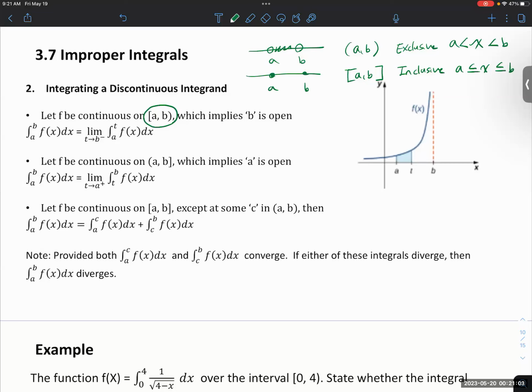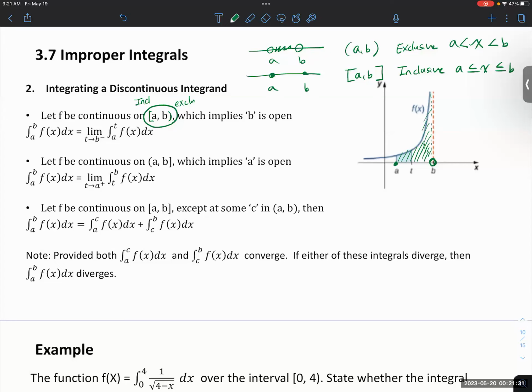We do include A, but we do not include B. So this is closed, this is open. In that case, you have a function, you are including A, but you do not include B. So you're looking for the area between there. You are getting close to B, but never going to include it. So getting close, but never going to touch.